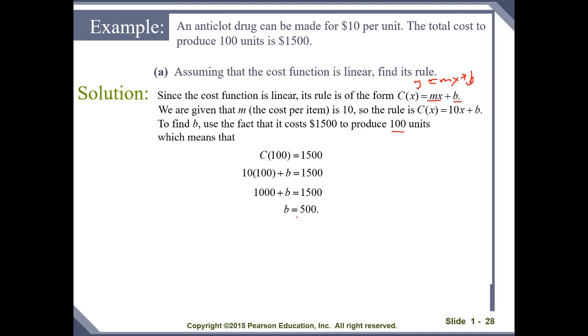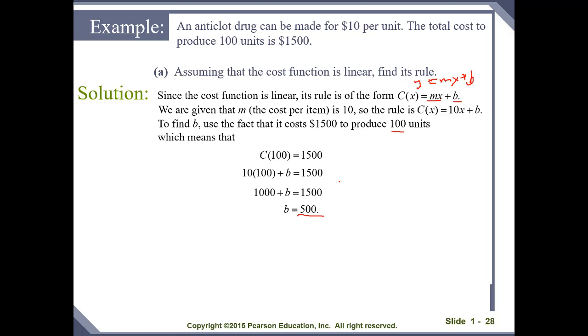So this is our starting cost, or our fixed costs, as it's often called in economics. This is the cost whether we make 0 units, or 1 unit, or 2 units, or 1,000 units. This is just like the cost to keep the lights on in the factory. No matter what, it's going to cost us $500. Then additionally, it's going to cost us so much money per unit. In Math for Liberal Arts, you might have had questions that were kind of similar to this for problem solving.